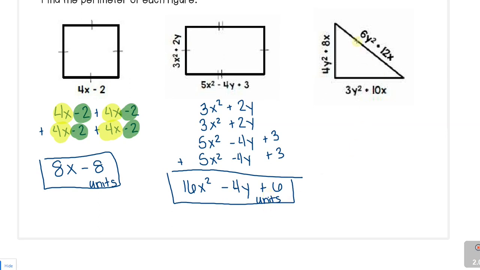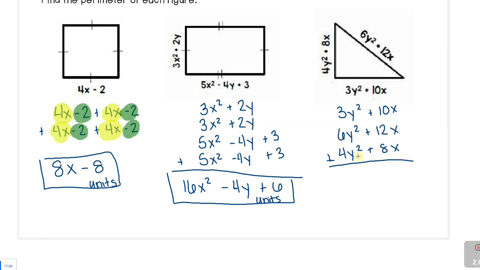And then the last one here is we have a triangle, and it gives us each side length. So we're just going to add them together. Let's start with 3y squared plus 10x. And then we're going to do our 6y squared plus 12x. And then 4y squared plus 8x. Just add them.